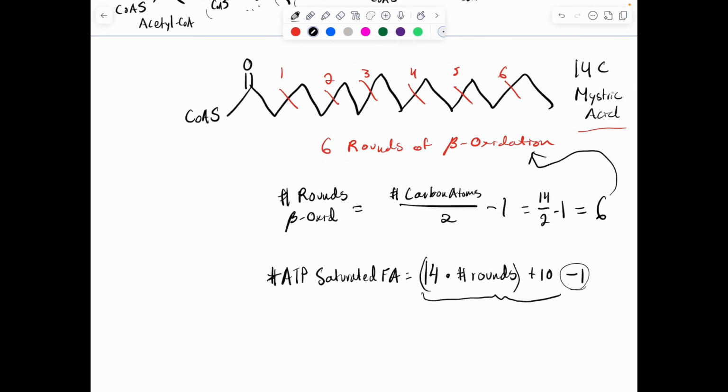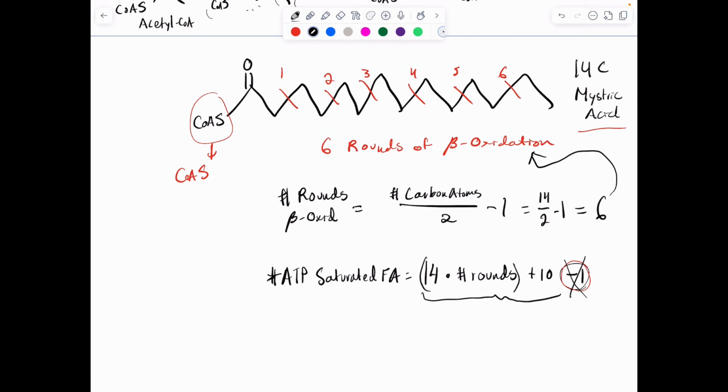If he originally gave you myristic acid, which has an O- at the end right here, it first needs to be activated into the fatty acyl-CoA form, and that would cause you to subtract 1. But if he originally gave you myristic acid that is a fatty acyl-CoA molecule, so it had the coenzyme A on it already, then you would not include this -1.